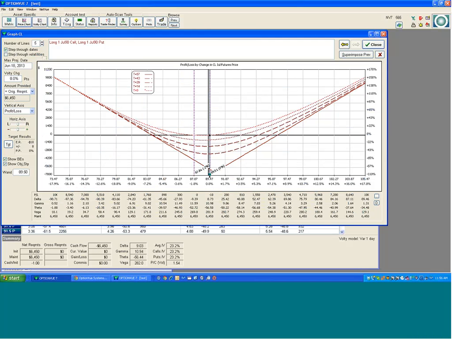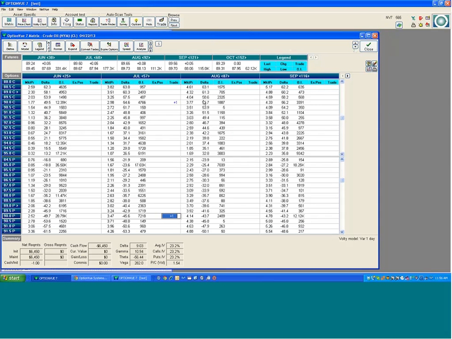So what you can then do is go into the next month out and sell an out-of-the-money call. I'm just going to choose the 95 call with a 32 delta, and I'll choose the 85 put with a 25 delta.